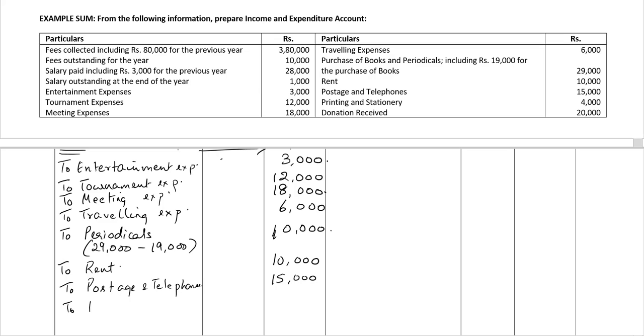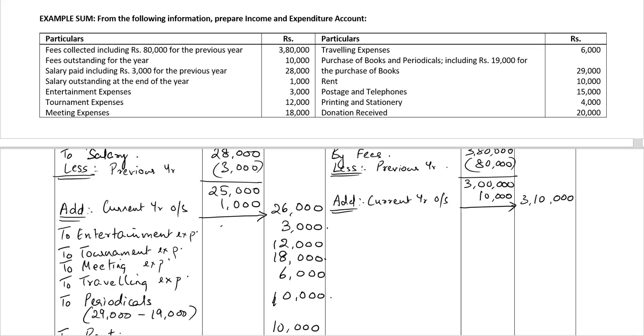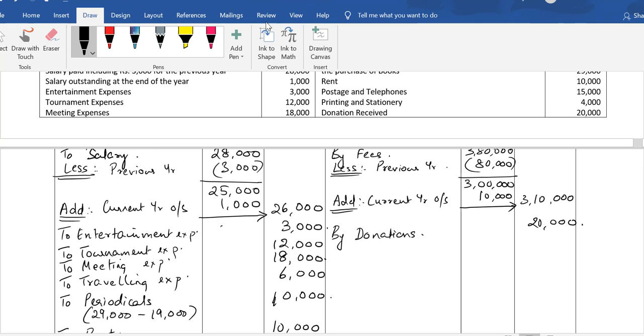To printing and stationery, 4,000 rupees. And there's an income of donation received, by donations, 20,000 rupees. So we've inserted the items. Let's balance the income and expenditure account.